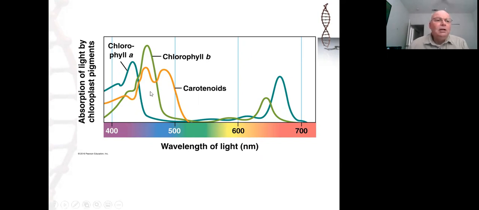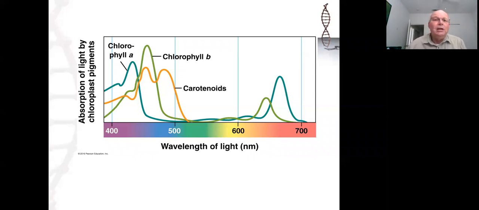It turns out, however, that because of the way the light is captured, the best way to measure the total amount of energy used by photosynthesis is to measure at the red end. There's a whole lot of backstory to that, which I won't get into. But red light is generally considered to be the best way to measure photosynthesis, and we do a lot of measurements at the red end of the spectrum.